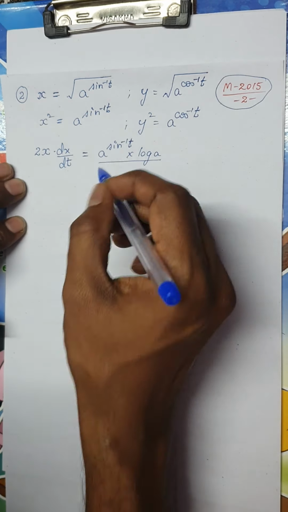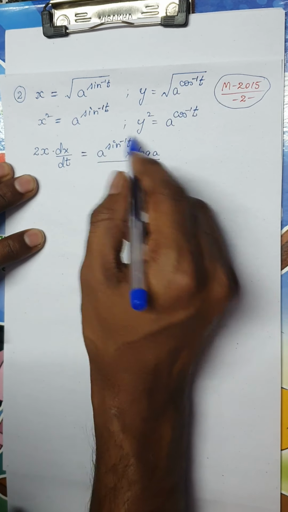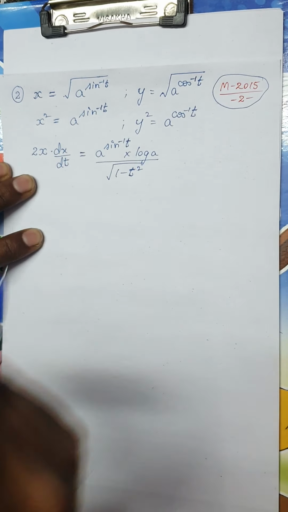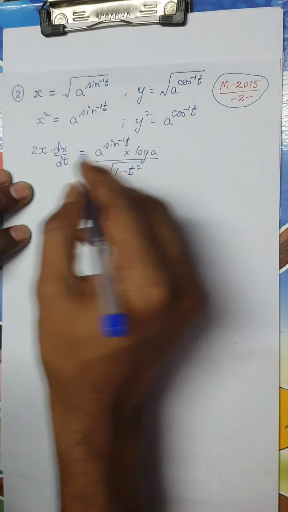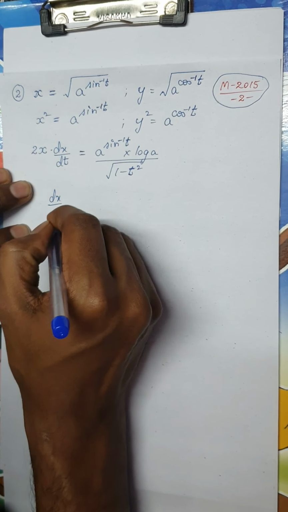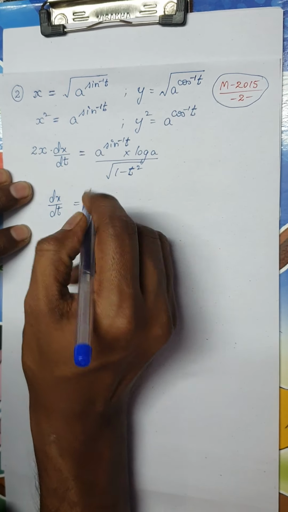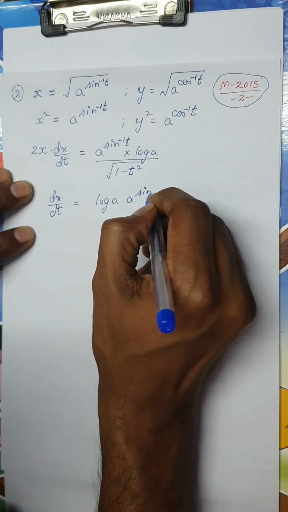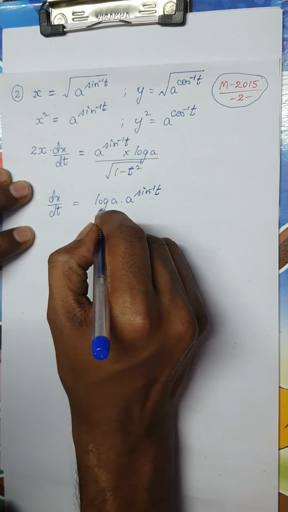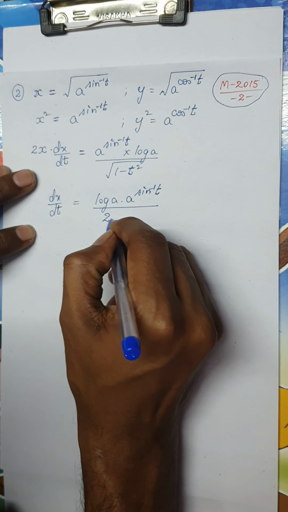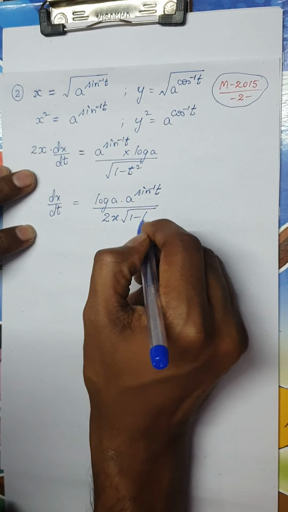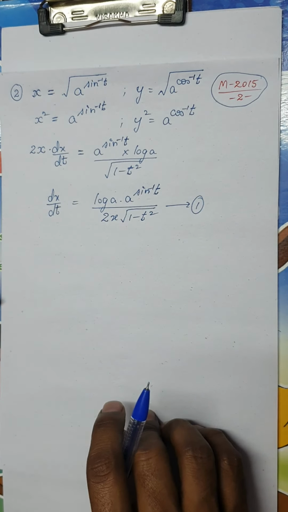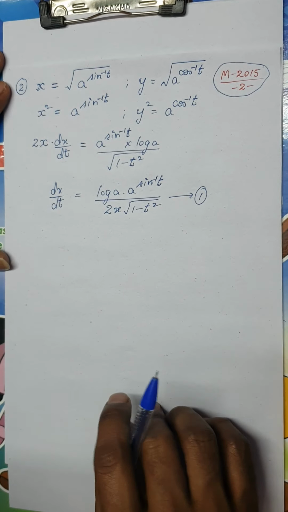Similarly, the derivative of sin inverse t is 1 divided by root of 1 minus t square. So dx by dt will be log a into a power sin inverse t divided by 2x into root of 1 minus t square. Take it as equation 1, which is my dx by dt.